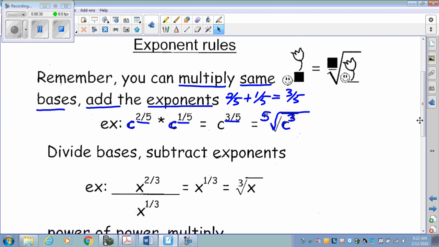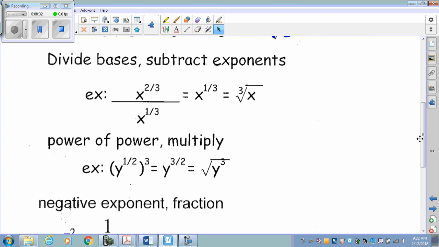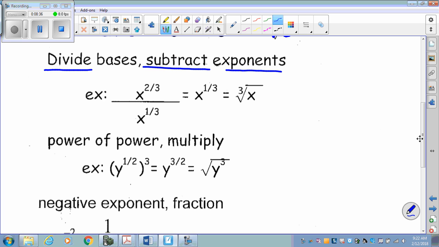Now if I'm dividing, I'm going to subtract the exponents. I've got the same base, they're both x's, so my answer is going to be an x, and to get the exponent I'm just going to subtract because I'm dividing.